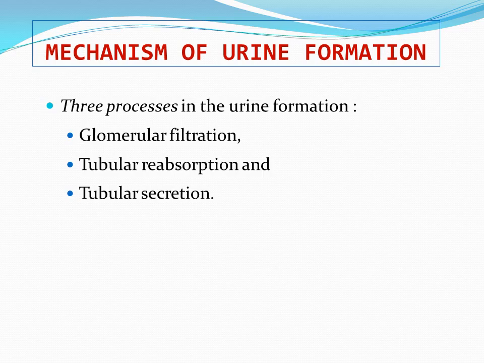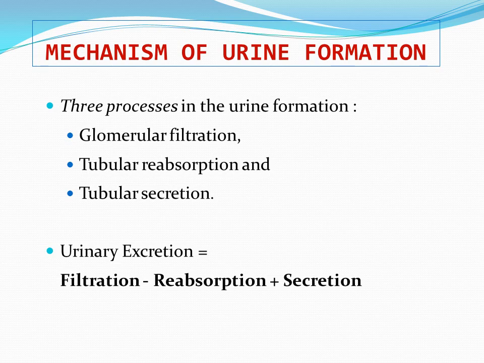So glomerular filtration is the filtration of the plasma through the glomerular membrane, and the filtrate will be poured into the renal tubules. Then out of that filtrate, the maximum will be taken up again by the renal epithelial cells and given back to the blood. So most of it will be reabsorbed, and at a certain level in the renal tubules there will be secretion of certain substances from the blood into the renal tubular lumen. So these three basic processes make up urine formation.